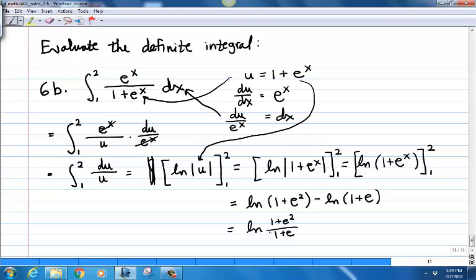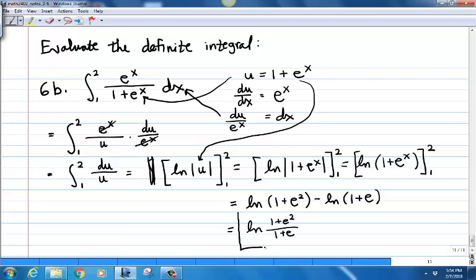And now with a calculator, you can estimate 1 plus e squared, divide that by 1 plus e, and then compute the natural log of all of that, and that will give you a decimal approximation for this definite integral. But this is the exact value of the definite integral.